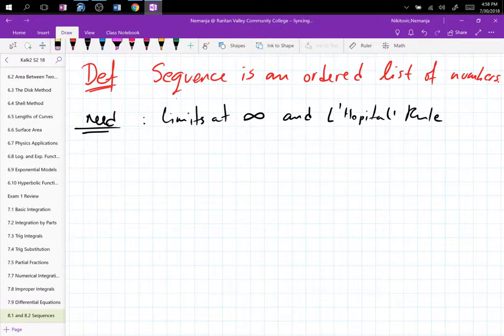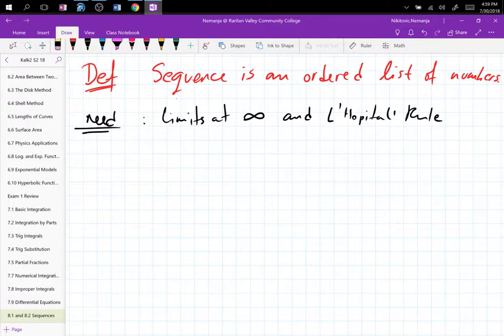So those are the two things that we need. We need to be able to take the limits as x goes to infinity, and we also need to be able to use L'Hopital's rule when we are presented with something a little bit more interesting. You know what I mean. All right.